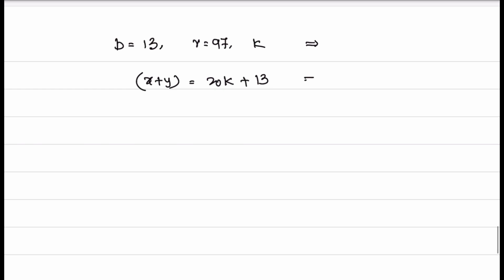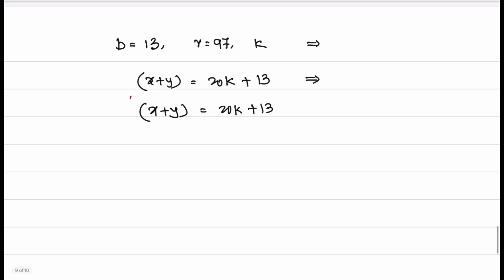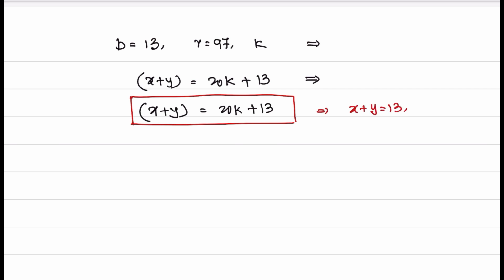Hence, x and y will follow the equation 20k plus 13. That means x plus y initially can be 13, next x plus y will be 20 into 1 plus 13, that is 33.